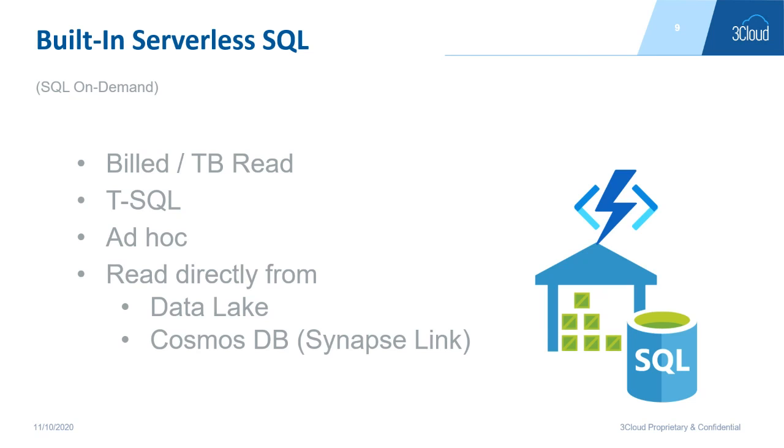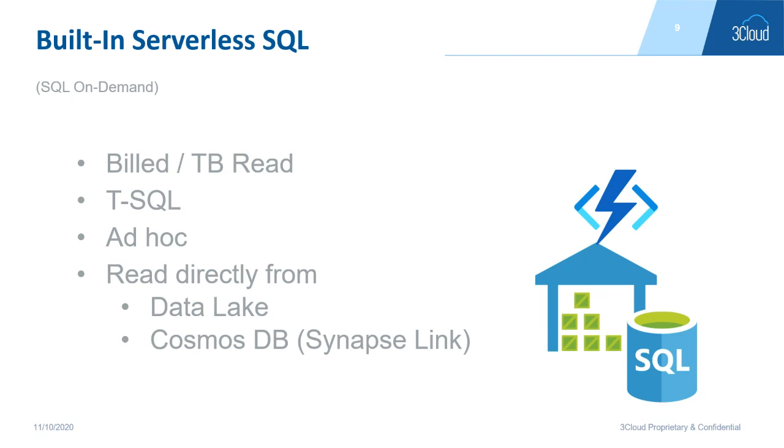And I put ad hoc on here because it is really good for ad hoc cases if you know what that underlying data is, right? You can go out and map to files and run a query and bring it into the workspace and run some queries on it, and you can pull in data from a data lake, whether it's in Parquet or CSV.